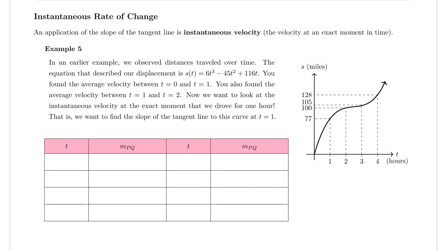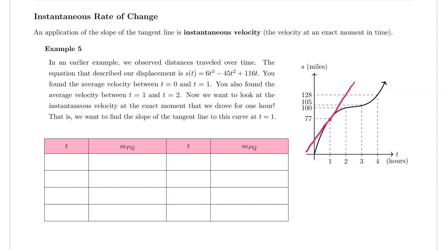That is, we want to find the slope of the tangent line to this curve at t equals 1. So here, t equals 1. If I draw the tangent line here and find the slope of this tangent line, that will tell me the instantaneous velocity at that exact moment in time.